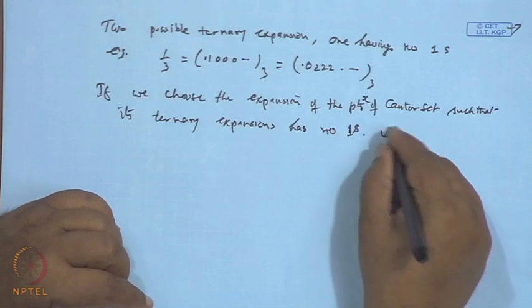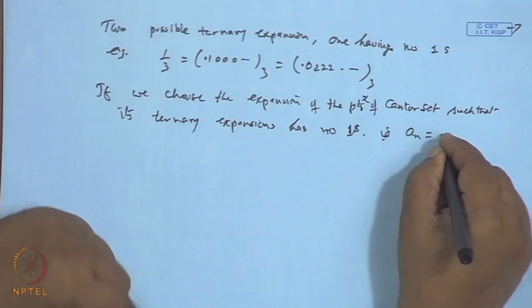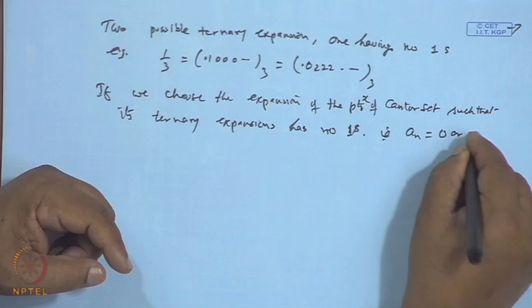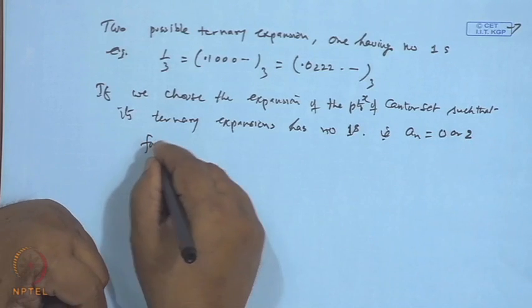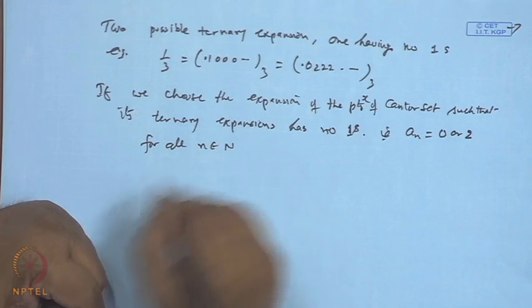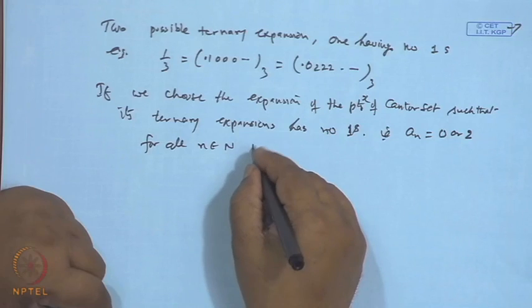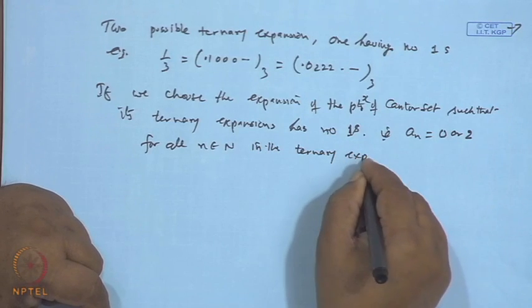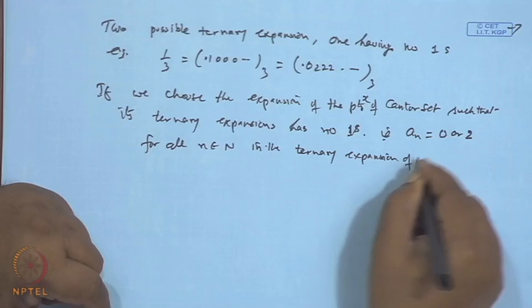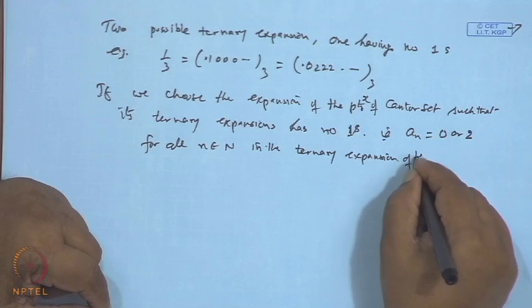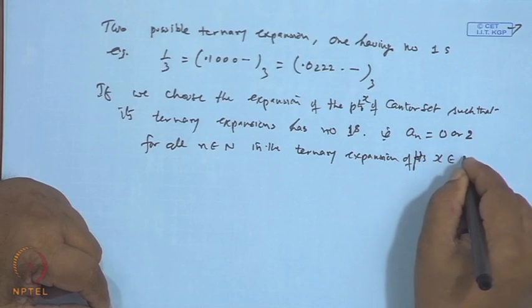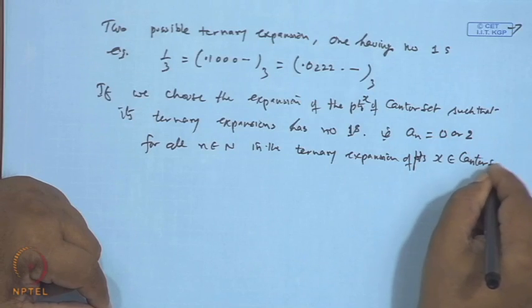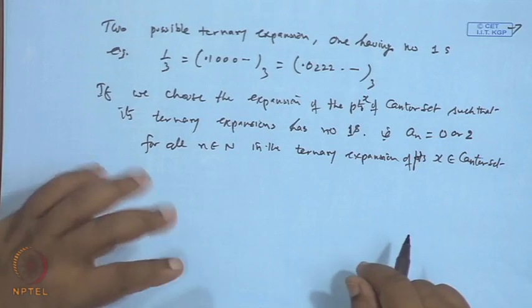That is, the ternary expansion will involve a_n which may be either 0 or 2 for all n belonging to N, in the ternary expansion of each point x belonging to the Cantor set. This we are assuming.